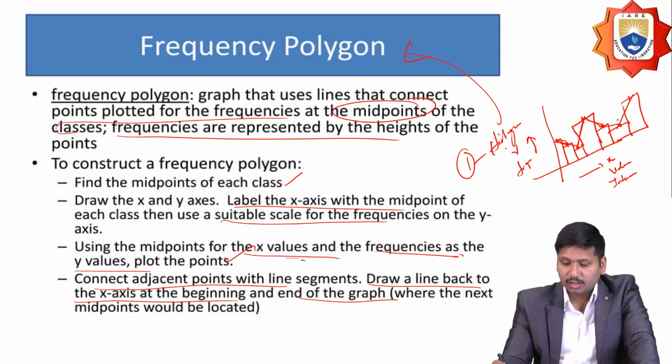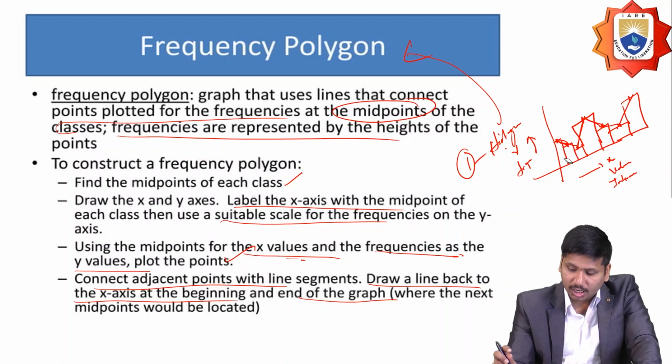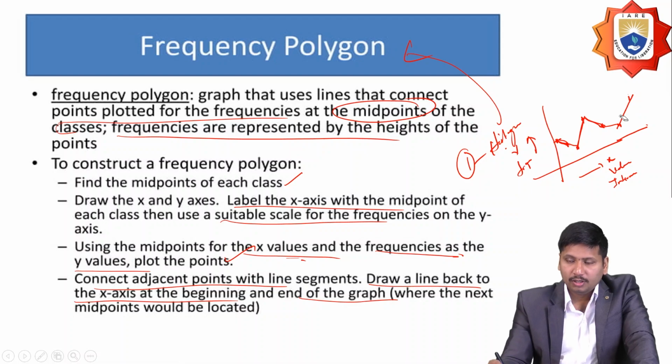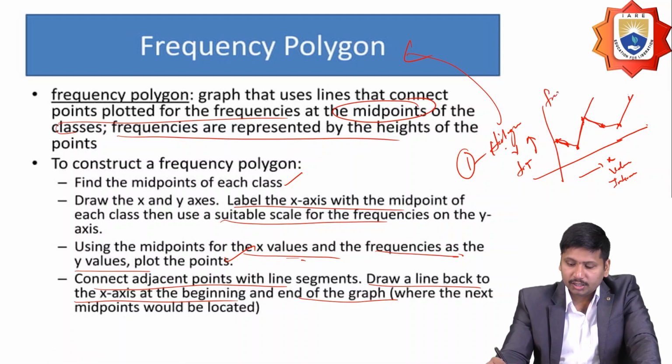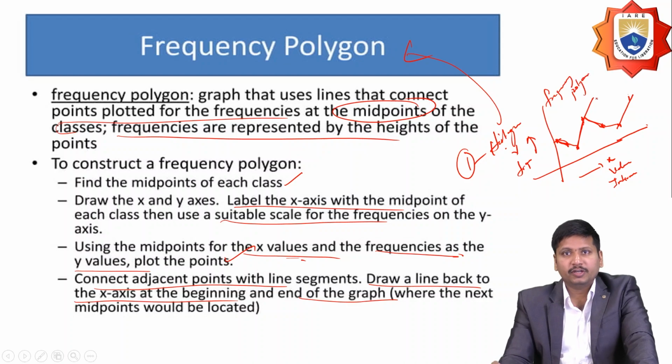Once I construct this, after that I can remove the bars. So finally I get a curve. This curve is called the frequency polygon. These are the steps you have to remember for constructing the frequency polygon.